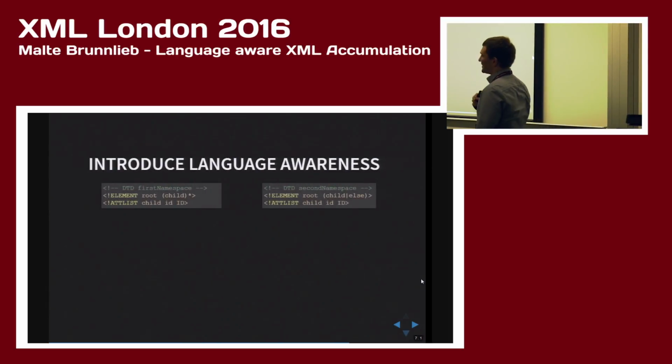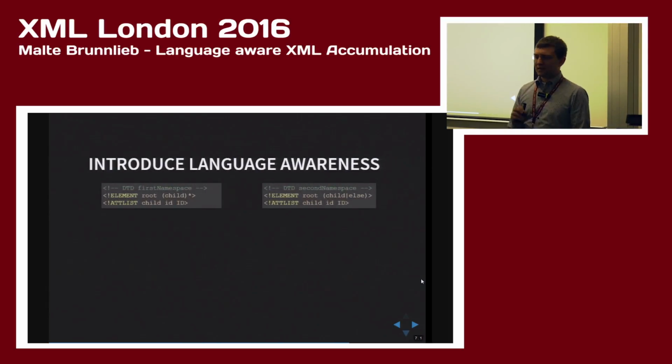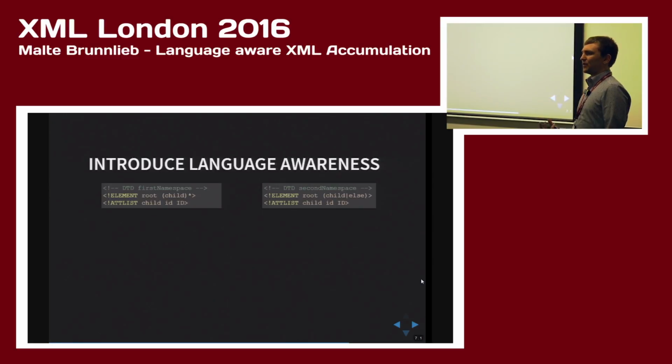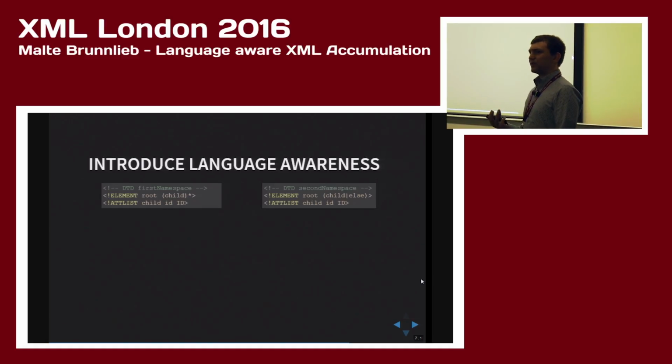And what does this mean? How is this related to language awareness? So what we try to do with these merge schemas is we provide some more information about a language. So a namespace is an identifier for a language, for an XML-based language, and we provide a merge schema enriching or more or less making semantics more explicit, like the notion of equality.